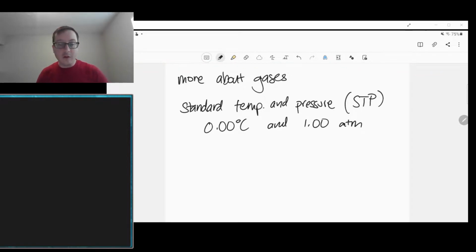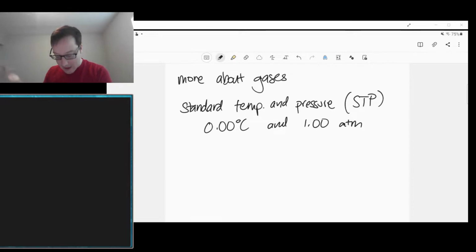Although, again, this definition did change in the 80s to represent the bar instead of the atmosphere. By and large, we still use this one, mostly because we still use the universal gas constant that gives us atmospheres, right? We use 0.08206, and so that'll be atmospheres.